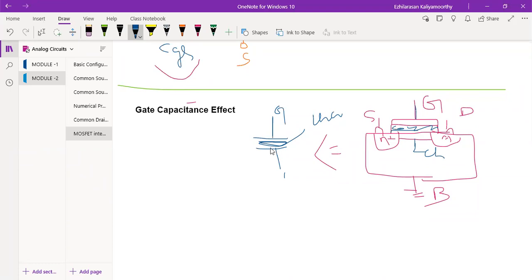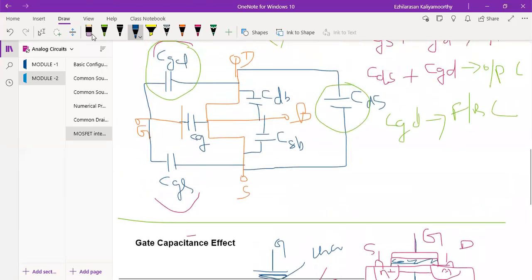So this is nothing but the gate capacitance. Now let us see it a little more elaborately. The gate capacitive effect can be modeled by three capacitances from the gate. What are the effects you'll get? Three.